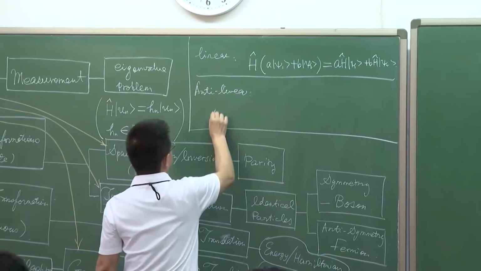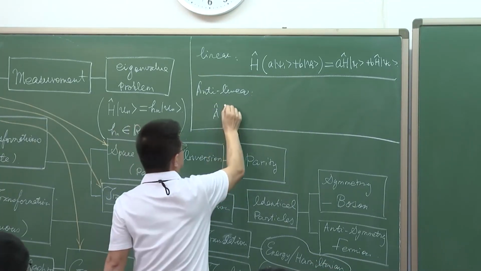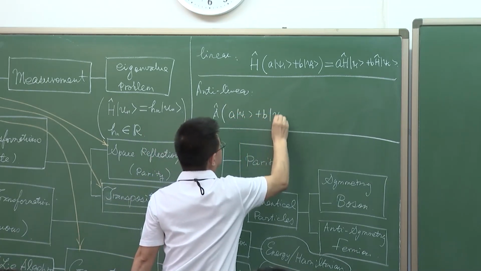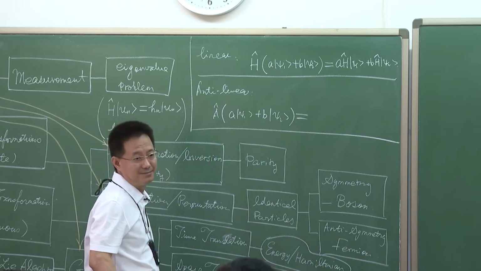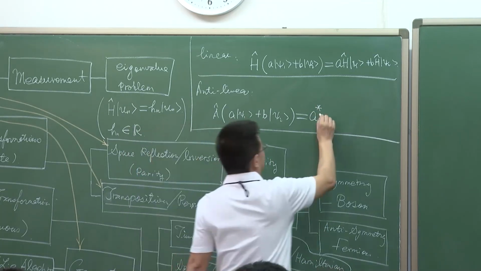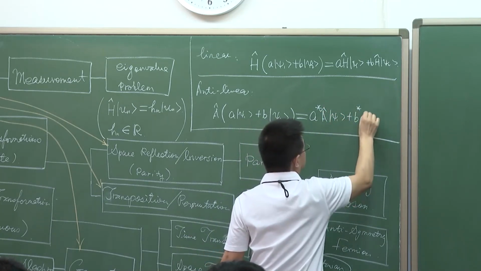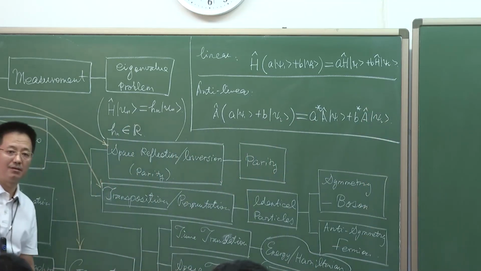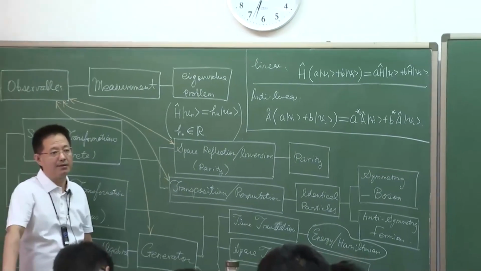The anti-linear means you have an operator A that is anti-linear. It operates on A psi 1 plus B psi 2. The result is different from the linear operator. That is A star, A conjugate, psi 1 plus B star A psi 2. So that is the anti-linear operator. That's the difference between linear and anti-linear operators.